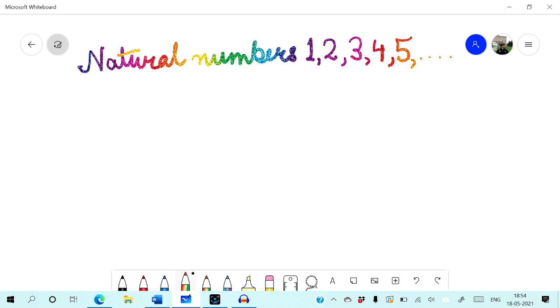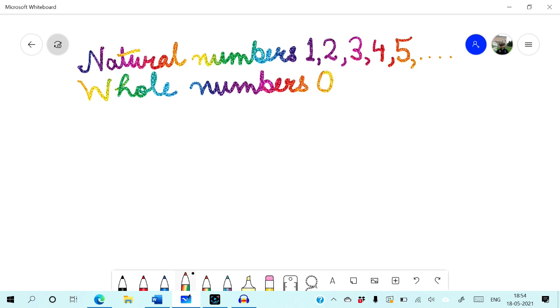And we have infinite natural numbers. Now whole numbers. Children, there is a very slight difference between natural numbers and whole numbers. Whole numbers start from 0. So in the set of whole numbers we have 0, 1, 2, 3, 4, 5 and so on.